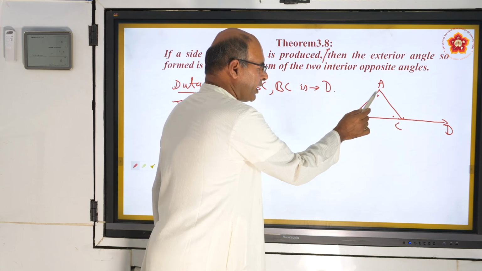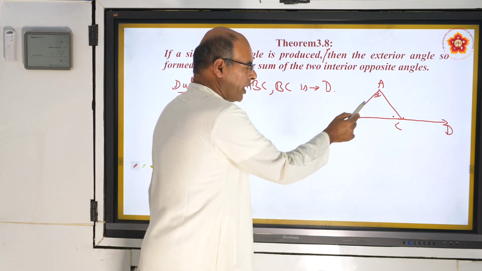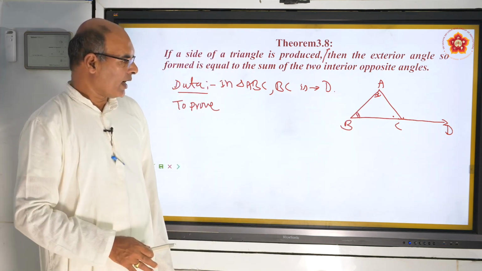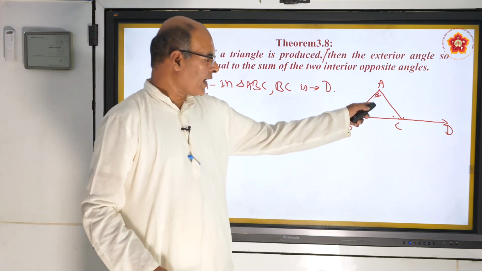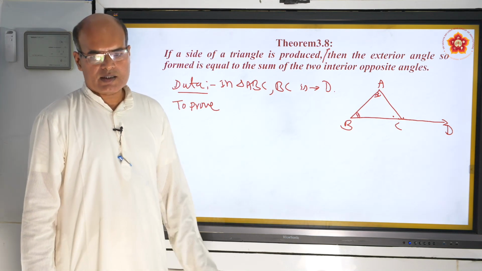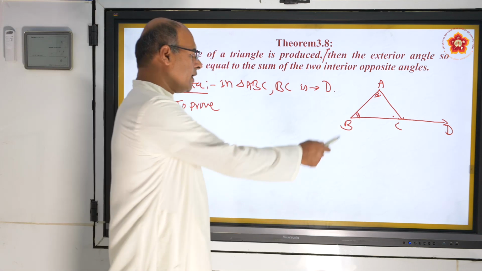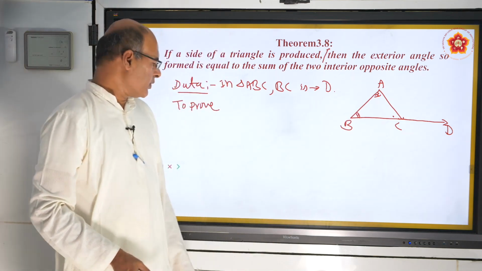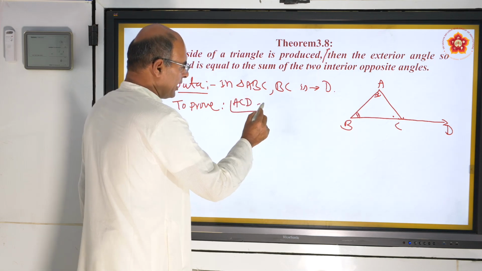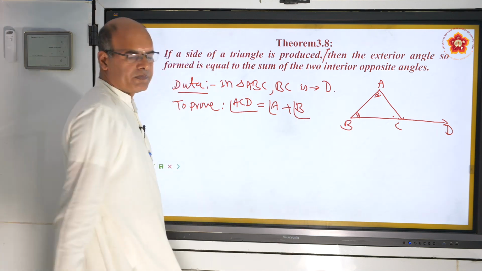Take the other two interior angles, that is angle A and angle B. These two angles, angle A and angle B, are the interior opposite angles for the exterior angle ACD. So we have to prove that angle ACD, the exterior angle, is equal to angle A plus angle B.